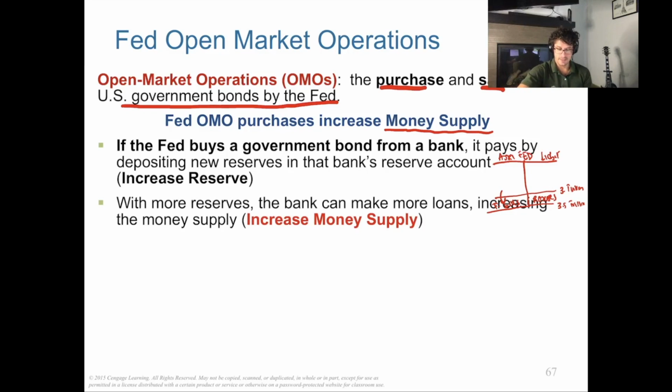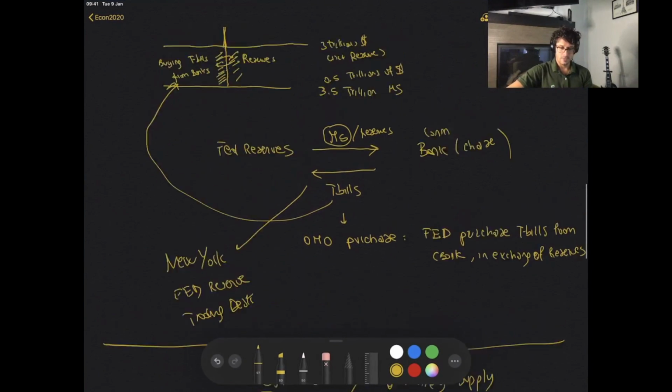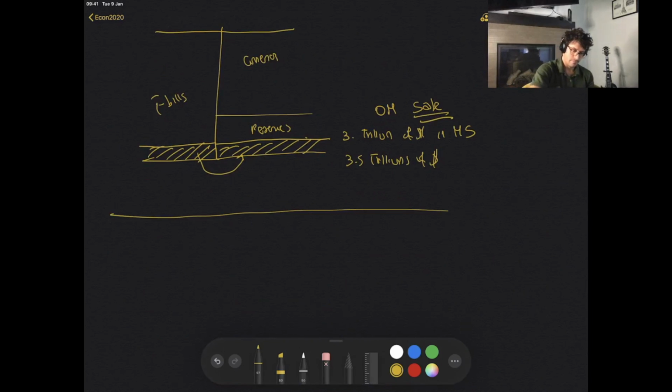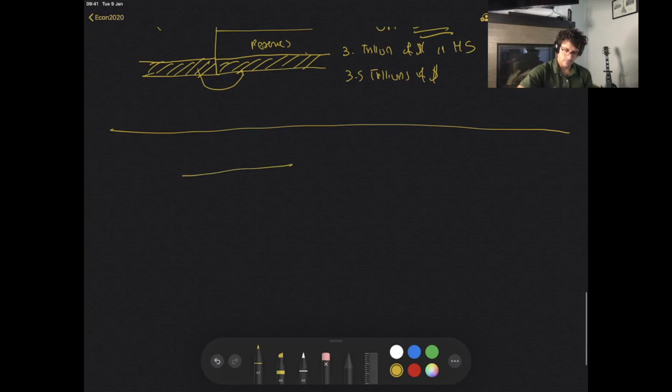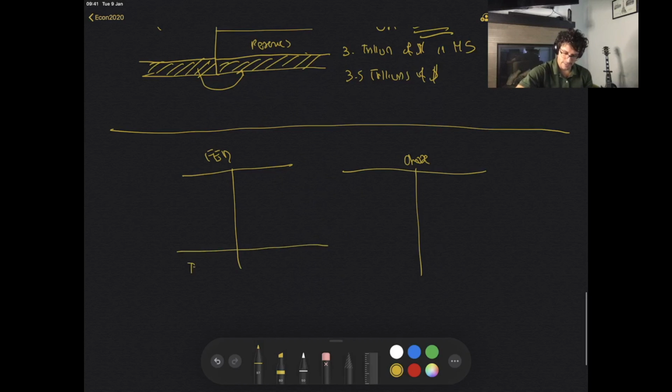With more reserves, clearly, there is also an effect from the point of view of the banks. Banks might want to start making more loans. So this creates also the multiplier mechanism. If we go back to our example with Chase, suppose this is the Fed, this is Chase, and the Fed buys T-bills from Chase and increases the reserves of Chase.